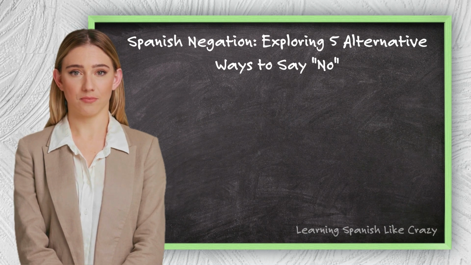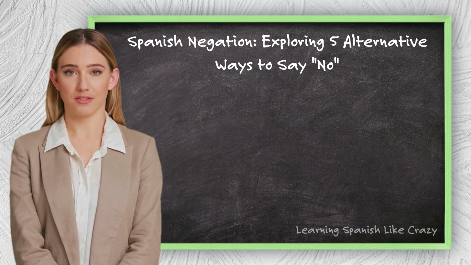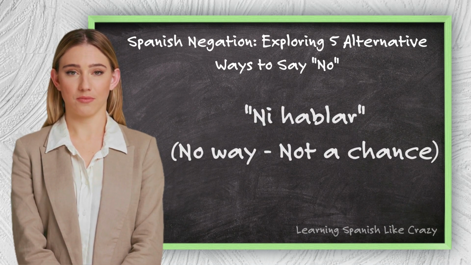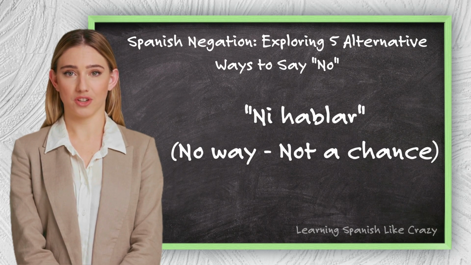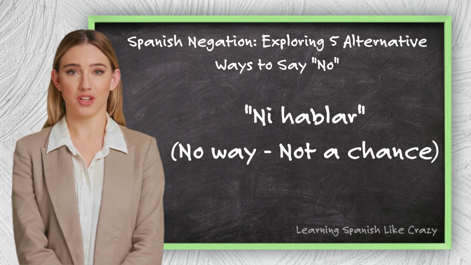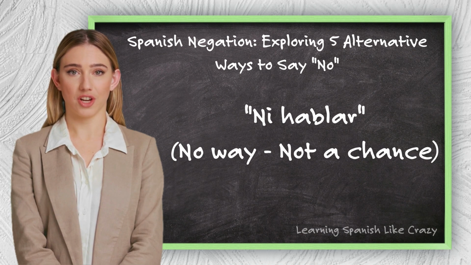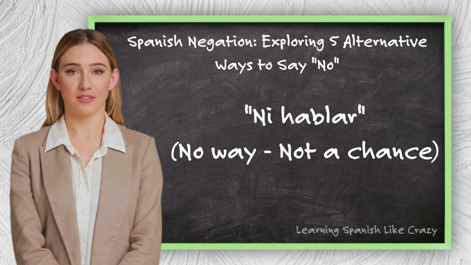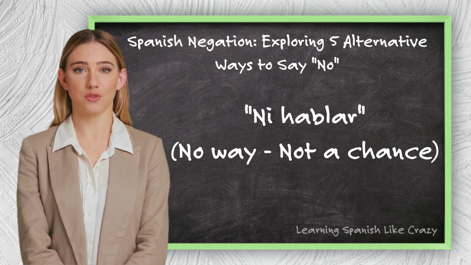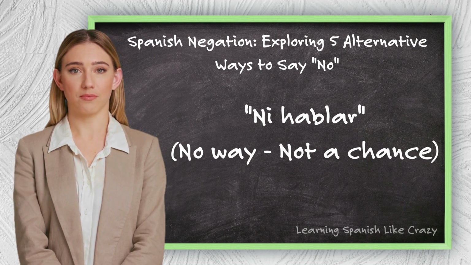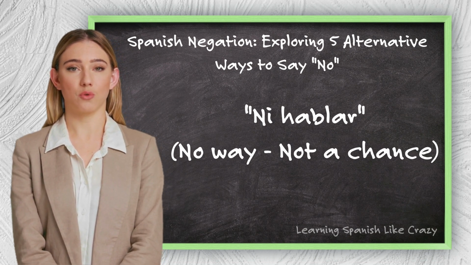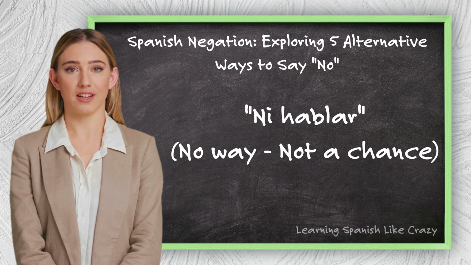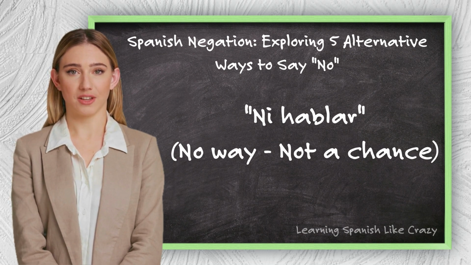Our next alternative is Ni hablar. This popular expression is commonly used in informal conversations to mean no way or not a chance. It carries a sense of disbelief or incredulity towards a suggestion or proposition. When faced with something that you find impossible or highly unlikely, it allows you to dismiss it emphatically.